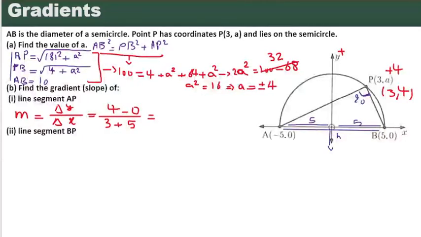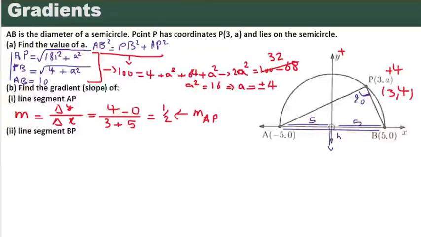So my slope would be 4 over 8. If I simplify, it would be 1 over 2. It's for m of AP. Let me write AP.